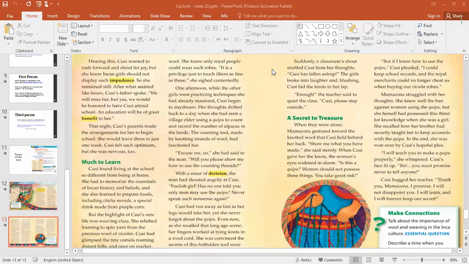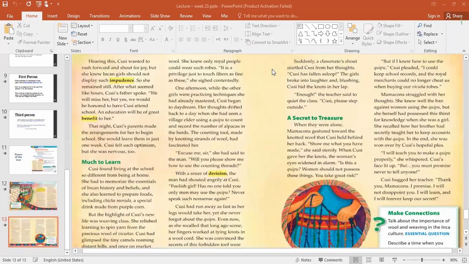This is impudence. If she does this, it means she is a rude girl. So she couldn't do that. She couldn't show everyone that she's happy because they thought that if she did that, she would be a rude girl. So she remained still. She stayed where she is. She didn't move from her place. She remained calm, quiet, still. Because as I told you, if she shouted and yelled, they would say that she is an impolite girl.